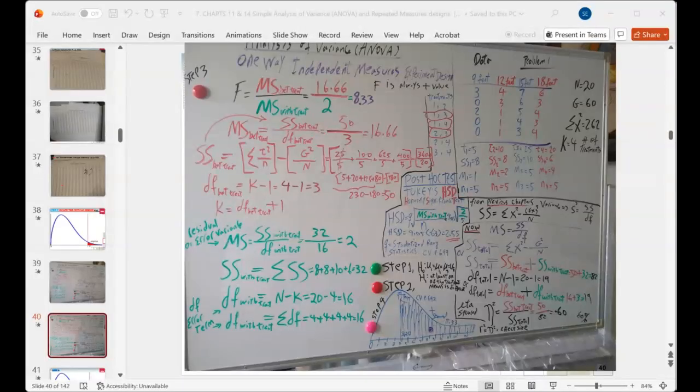We need that number because that number is going to tell us where the significant differences are. If you go back on top, when I put the numbers 1 and 2, 1 and 3, what you do is take the means for treatment 1 and treatment 2 and find the difference between the two means. So for the difference between treatment 1 and 2, look at the means. The mean for treatment 1 is 1 and for treatment 2 is 2.